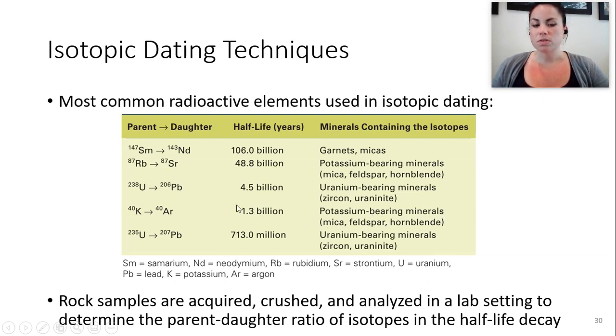Maybe some of those words are things you remember when we talked about them in the mineral section. So we go from parent to daughter, and that time it takes, the number of half-lives it takes for that decay to occur, helps us understand in a lab setting how old those rocks are.